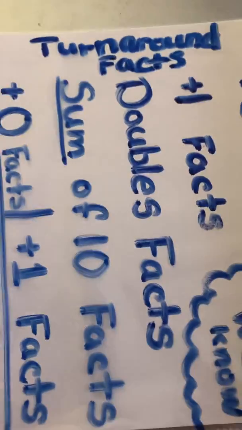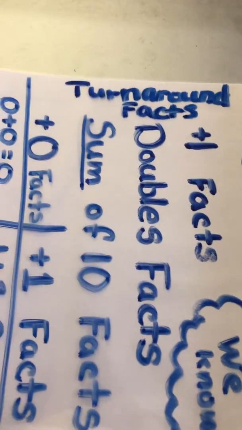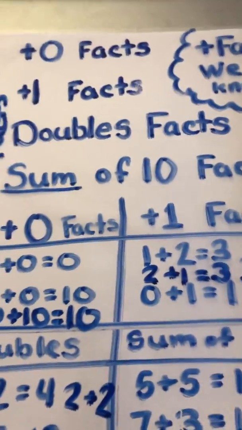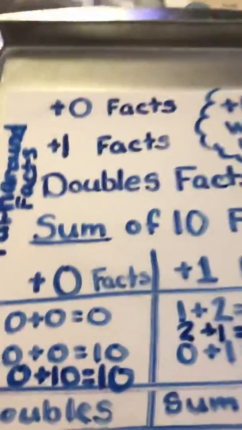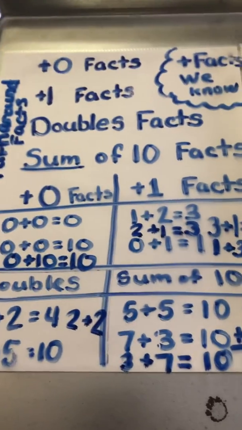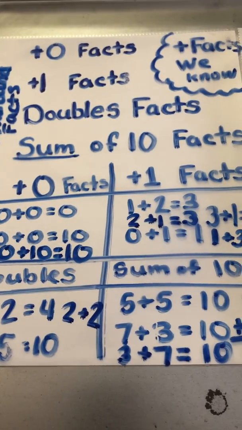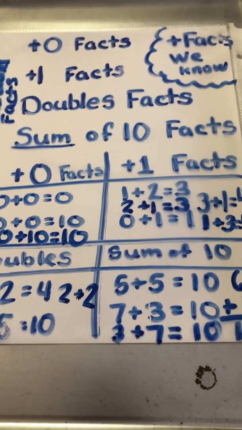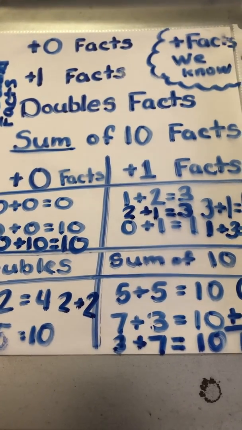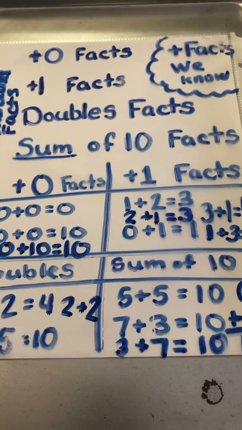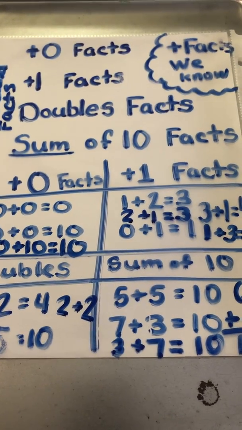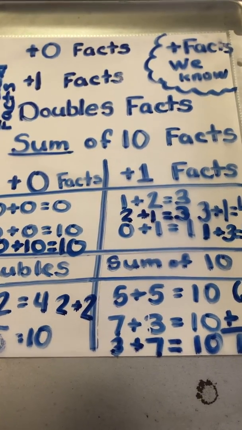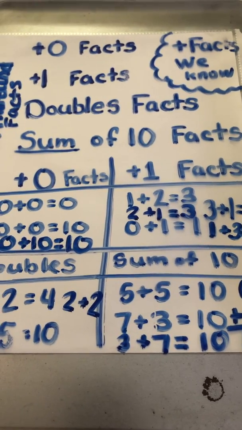So there, a brief mini lesson math review on turnaround facts, sum of 10 facts, doubles facts, plus 1 facts, and plus 0 facts. It's really important that you review these different types of math facts that we know quickly, along with all your other basic math facts up to 10. Because you should be very quick at solving those at this point in the school year.